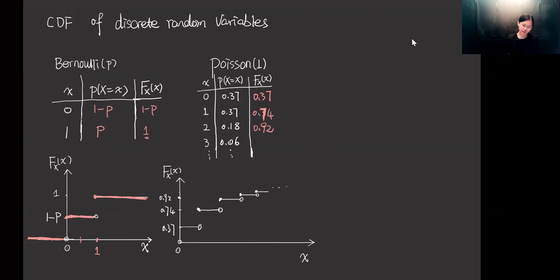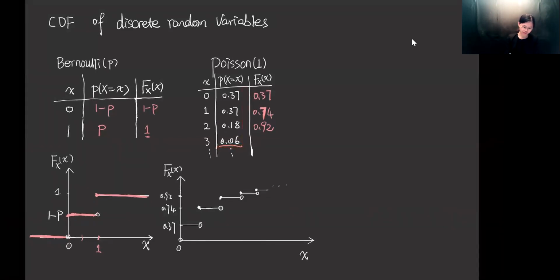And to get the CDF at the point 3, we sum up these four numbers that come before or at 3. And that gives us 0.98. So that's 0.92 plus this extra probability, 0.06. And you can keep going and get more points.